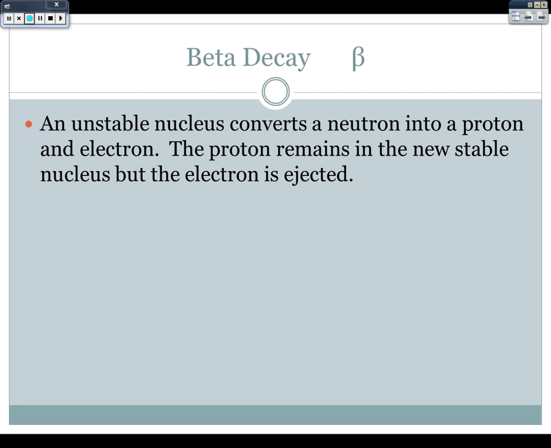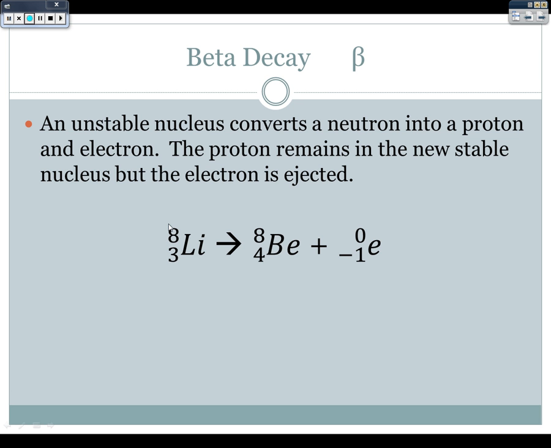The proton remains in the new stable nucleus, but the electron is ejected. So what that looks like is something like lithium. So lithium has 3 protons and 5 neutrons, and what happens is that one of those neutrons becomes a proton, and so the 3 becomes 4, and then it emits 1 electron.